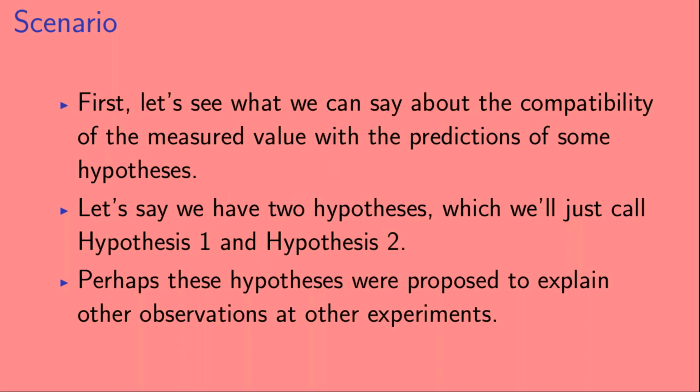First, let's see what we can say about the compatibility of the measured value with the predictions of some hypotheses. Let's say we have 2 hypotheses, which we'll just call hypothesis 1 and hypothesis 2. Perhaps these hypotheses were proposed to explain other observations at other experiments.